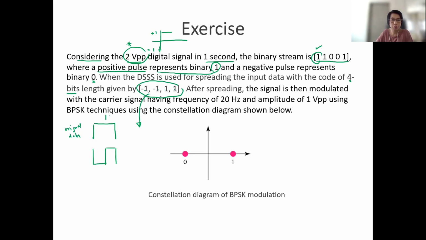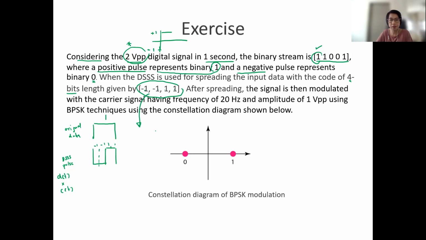And then you multiply 1 with the code. This is the direct sequence pulse, which is the data sequence multiplied by the code sequence, which is -1, -1, 1, 1. So this is -1, -1, 1, 1, right? And then it mentions again here that a negative pulse represents binary bit 0.